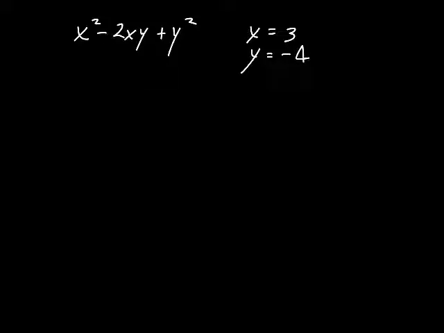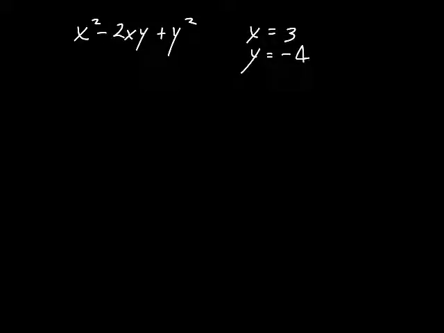Now let's look at example 8. I have x squared minus 2xy plus y squared. And I've said that x equals 3 and y equals negative 4.